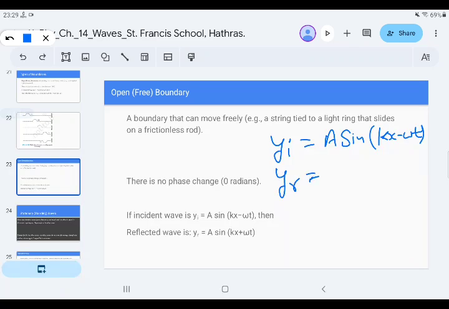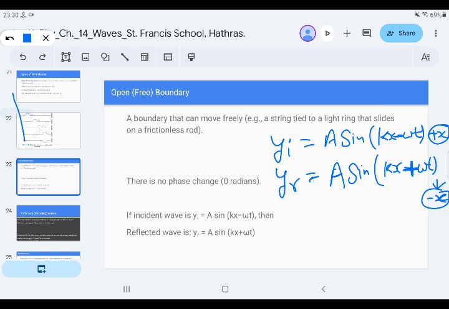So the amplitude A is the same. Now here sine is as it is, only there is a direction change, because in the incident it was traveling along the positive x-axis, and here it is traveling along the negative x-axis. So for the negative x-axis we represent it by plus, and for the positive x-axis we represent it by minus.